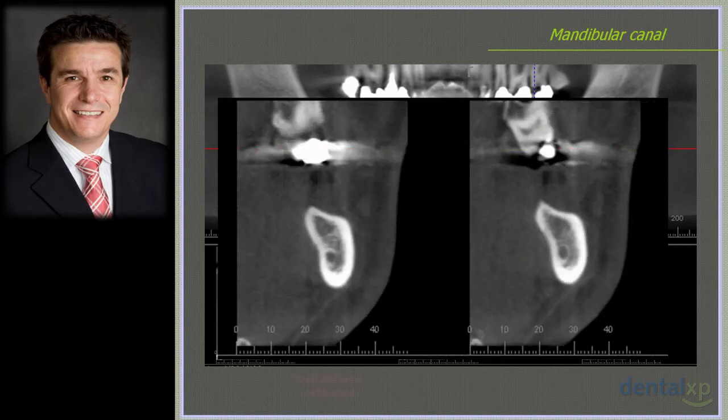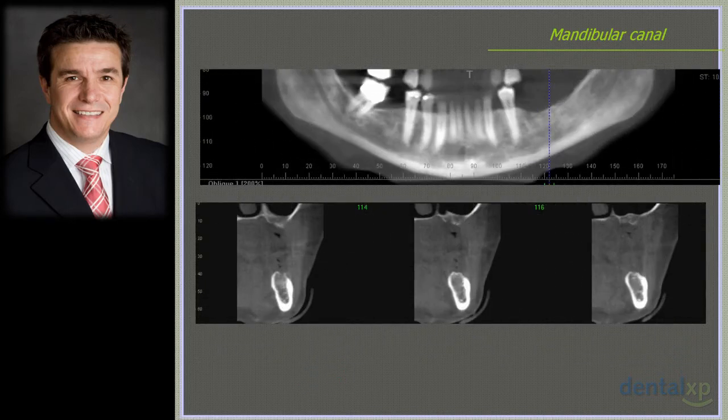The mandibular canal sometimes shows very well, as you can see in this case here. In fact, how well it's going to be visualized is really linked to whether there is a well-defined or well-corticated border around it. However, not all mandibular canals are visualized very well.